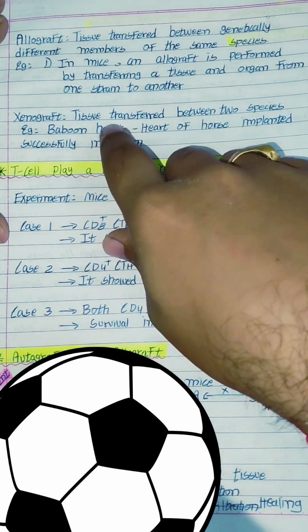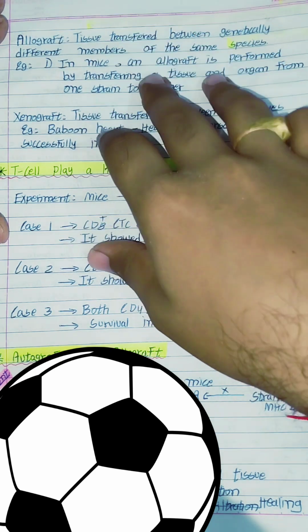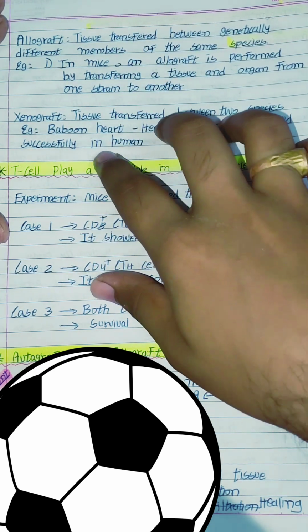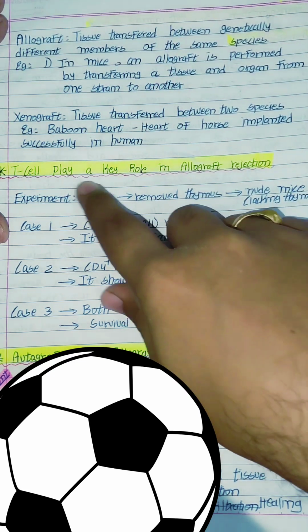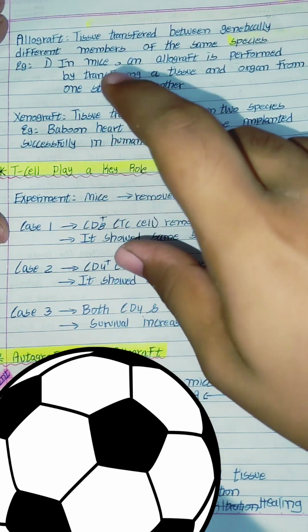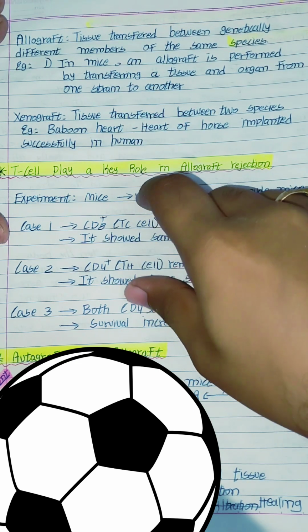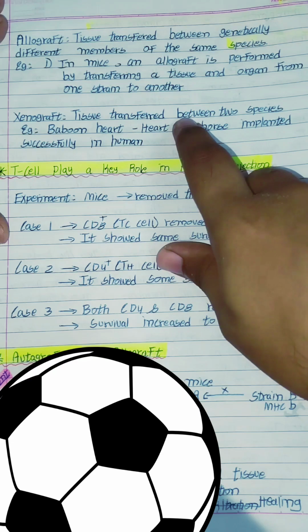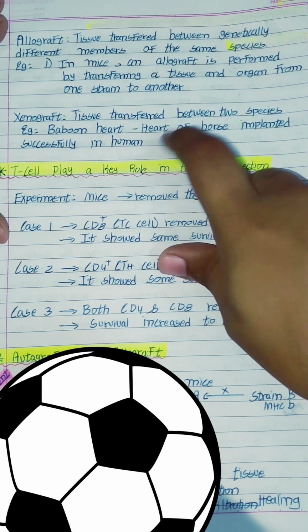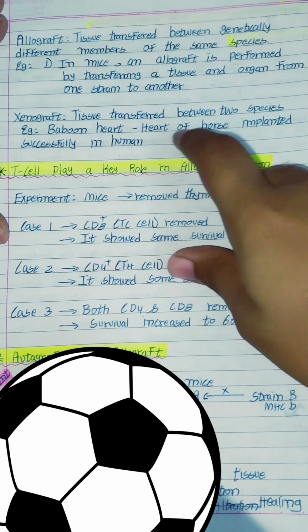This type of graft is called xenograft, and it rarely occurs because of the T cells, which play a role in allograft rejection. Graft rejection is the main problem of graft transplantations.